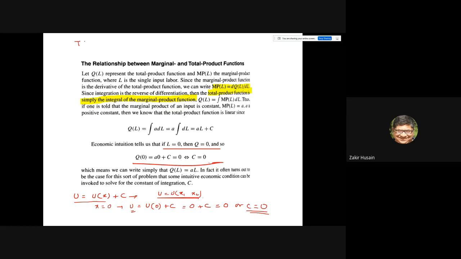Let me write it down. You will get total cost is equal to... Okay, this is the constant of integration. Now tell me, what is the constant of integration here?